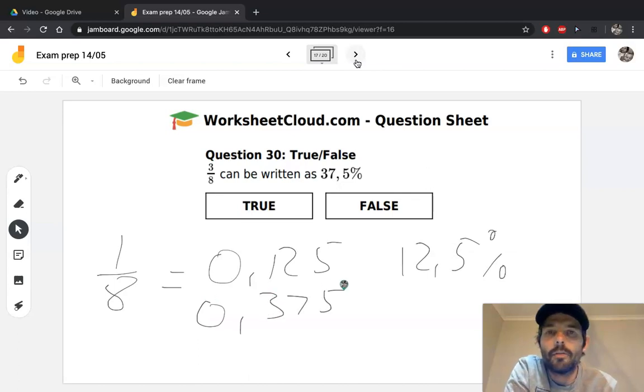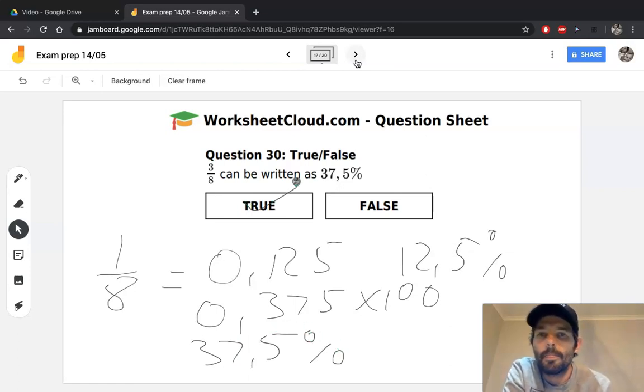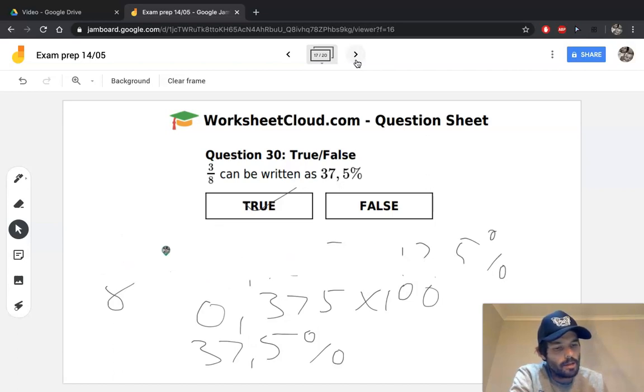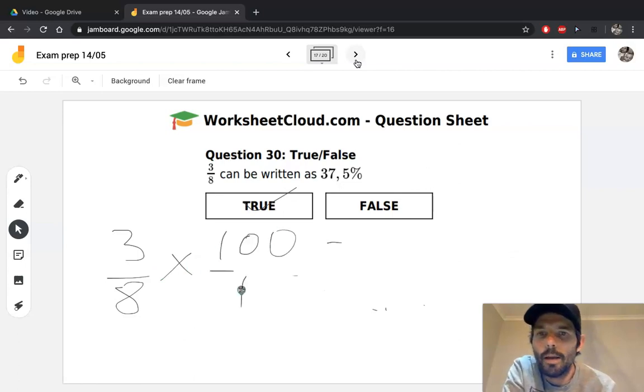And I know that to get from a decimal to a percentage, I multiply by 100. And that's going to give me 37.5%. So we know that is true. If you hadn't remembered that, then that's not a problem. We can show you how to work out 3/8 as a percentage. So remember, you just have to multiply by 100 over 1.